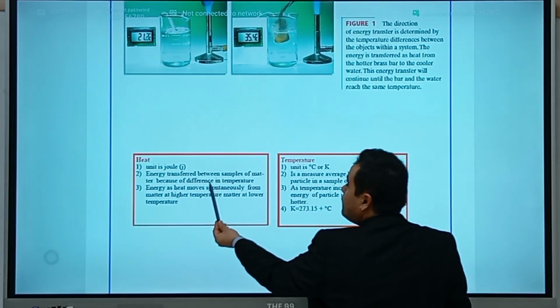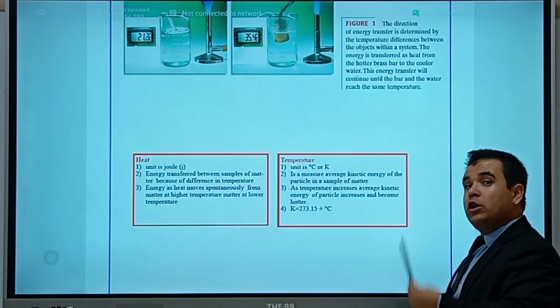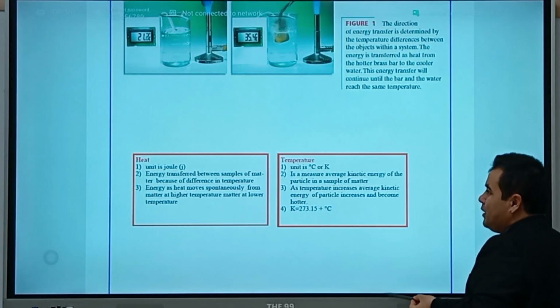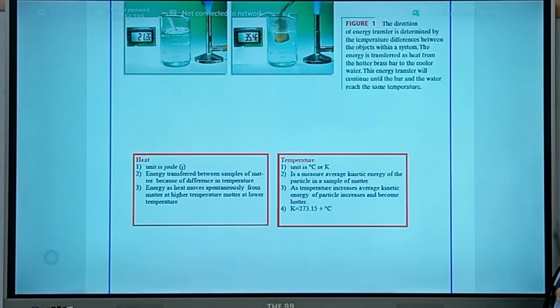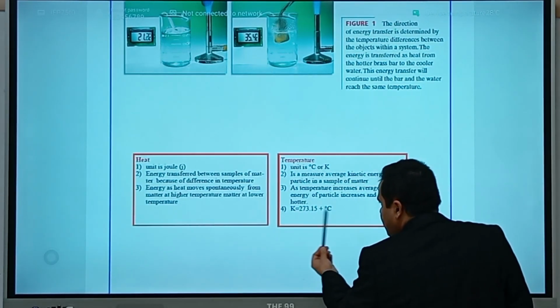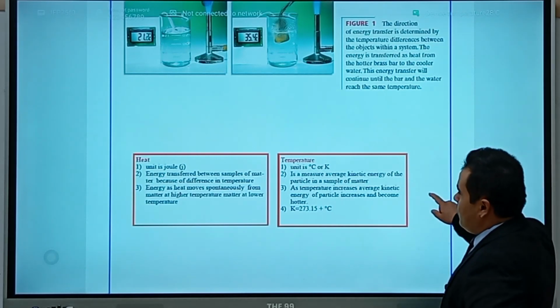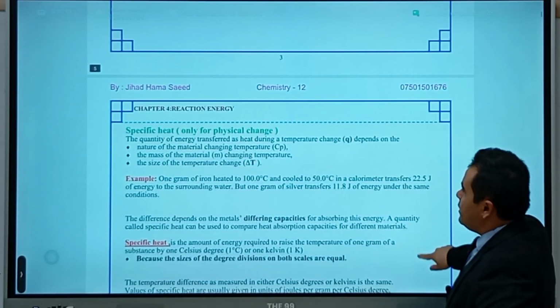Energy as heat moves spontaneously from matter at a higher temperature to a lower temperature. As temperature increases, the average kinetic energy of particles increases and the sample becomes hot. The conversion between Kelvin and Celsius is given by 273 plus Celsius results in Kelvin.